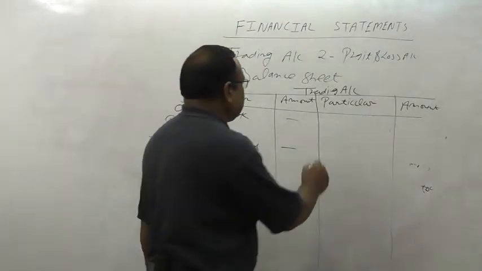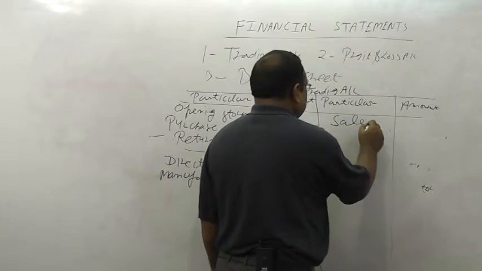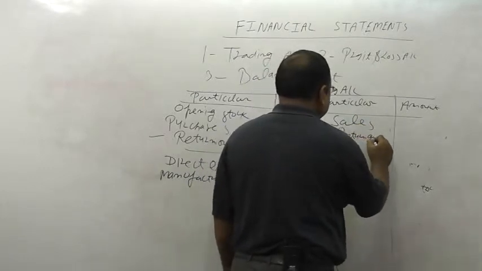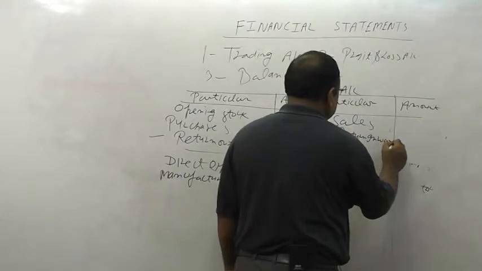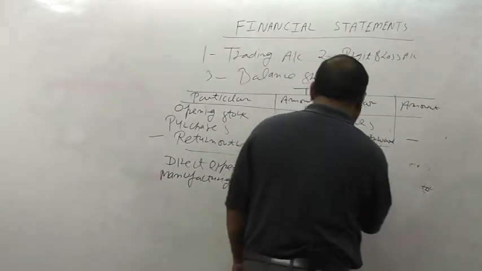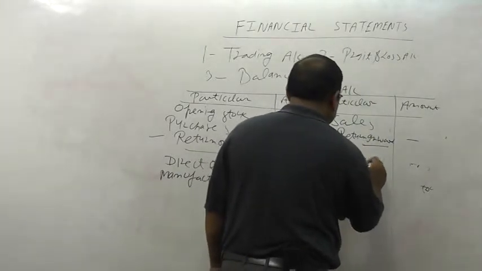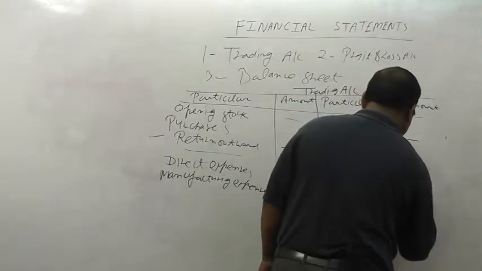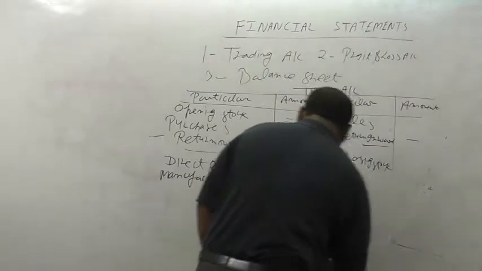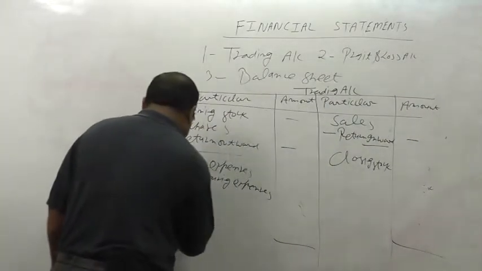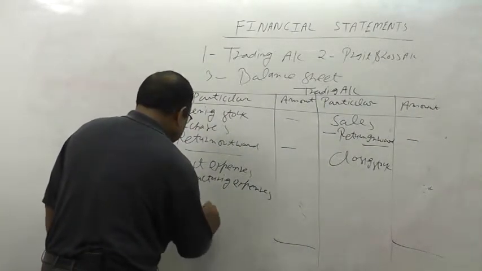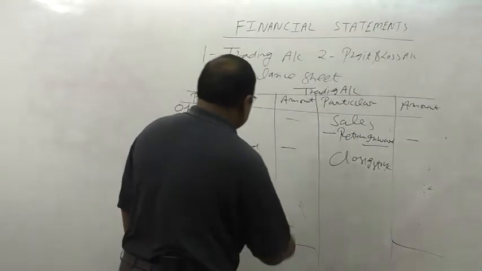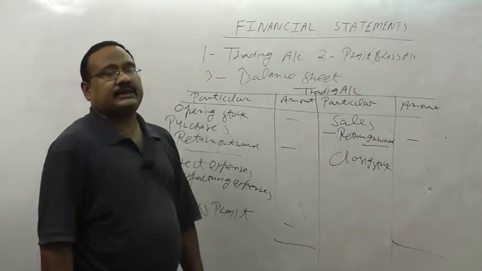And here we will write sales minus return inward and closing stock. And the difference is gross profit. Gross profit is transferred to profit and loss account. By this we prepare trading account.